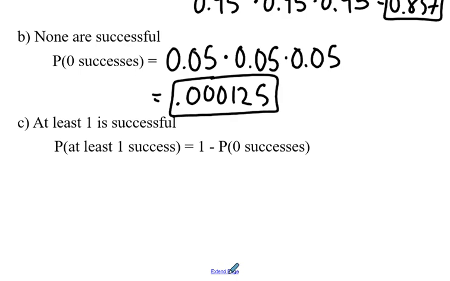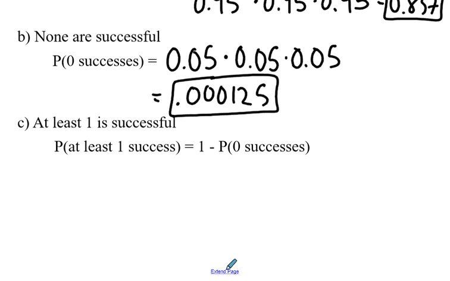Last one, probability at least one is successful. And this is where we're going to use an idea that we did in a prior lesson called the complement. The probability of getting at least one success would mean the probability of getting exactly one success, exactly 2 successes, or exactly 3 successes. I'd have to calculate 3 events in order to do that.